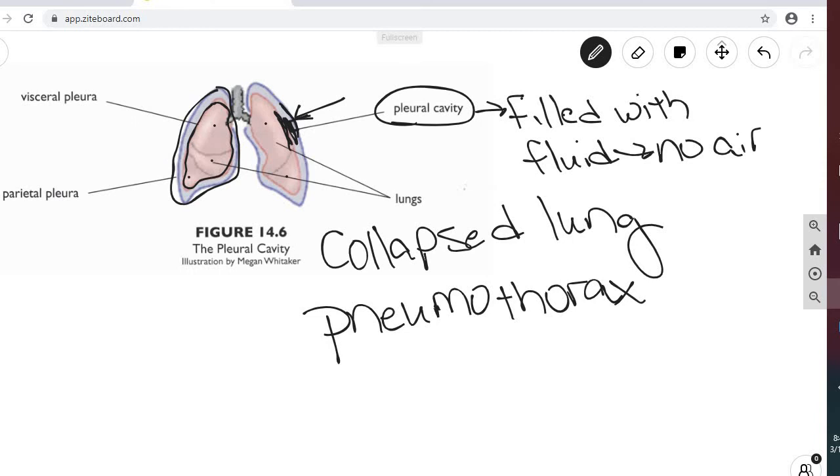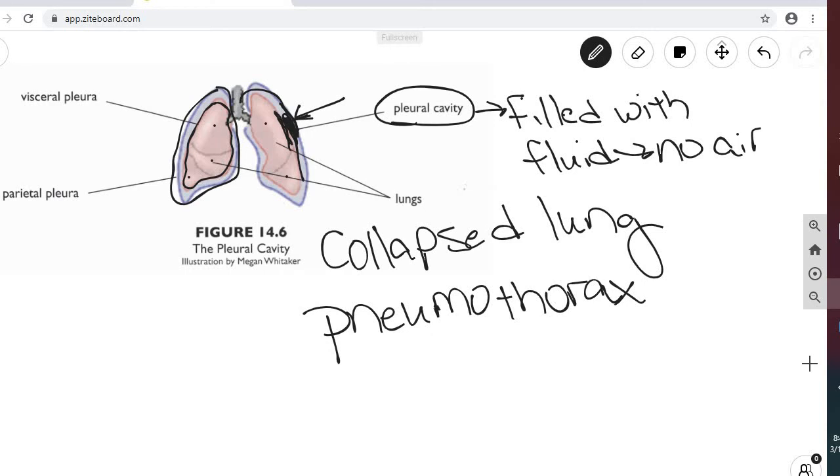What happens when the seal gets broken is the atmospheric pressure and the pressure in here are the same, so the lung doesn't stay inflated. The good thing is that each of the lungs has its own membranes around it, so if one of the lungs collapses, you can still breathe with the other lung while the other one heals, or until it can get reinflated medically.